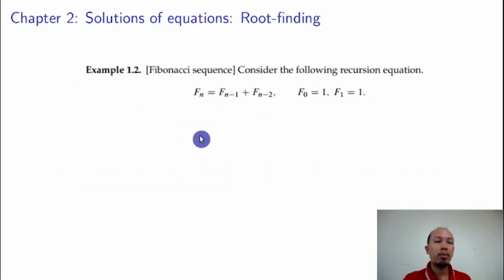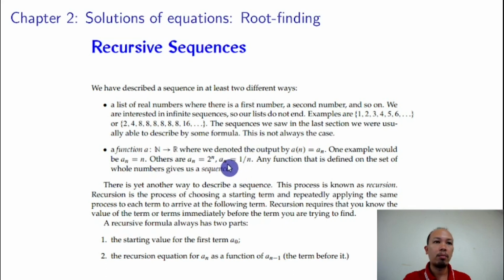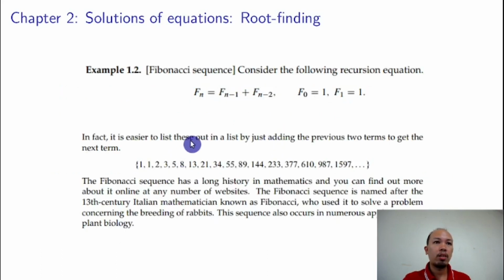Okay, so another example is the Fibonacci sequence. As you can see here, you are given two starting values. We have f sub 0 is equal to 1 and f sub 1 is equal to 1. Unlike in our previous notation, we use a, but remember that it doesn't matter since it is a notation variable. Okay, so this is the set for the Fibonacci sequence, and I know that you are familiar with this sequence.